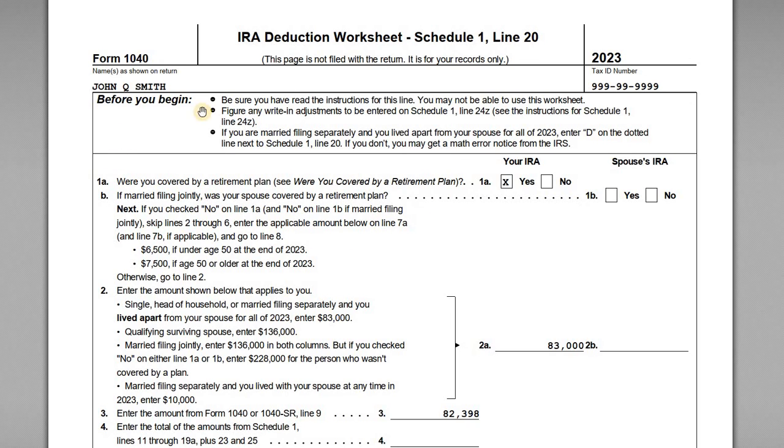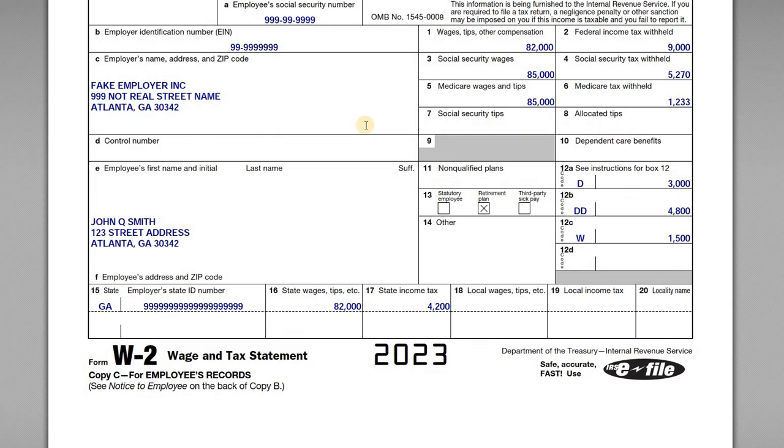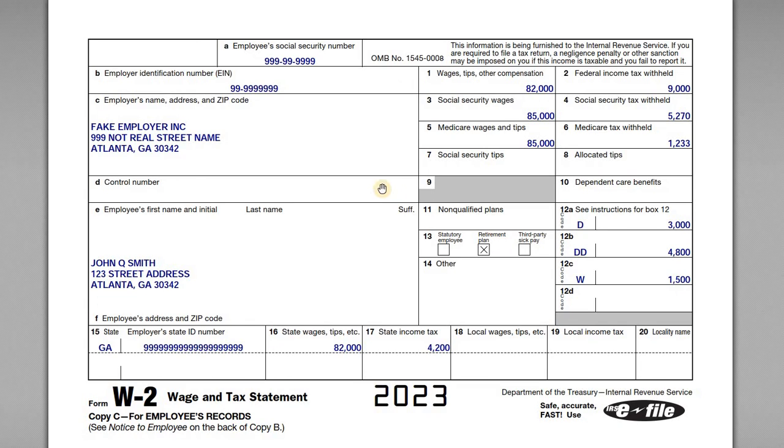Right, so the IRA deduction worksheet here for John has to be completed because he is covered by a plan at work, right, as noted based on that checkbox on the W-2. If he wasn't covered by a plan at work, then generally his traditional IRA deduction isn't limited at all, right? But in this case, he is covered by the plan, so he has to do that worksheet.